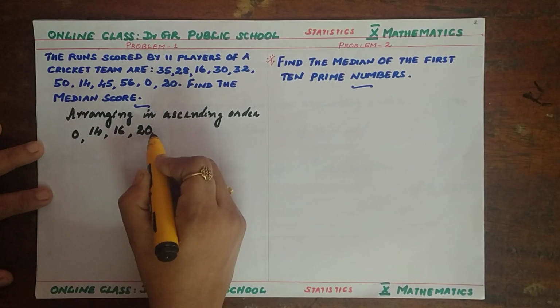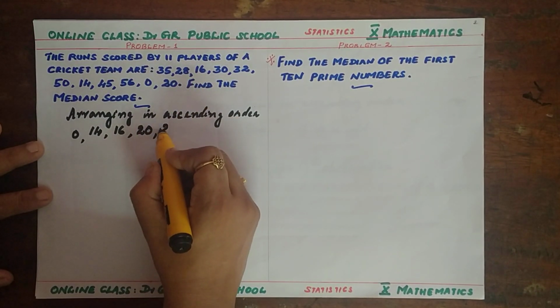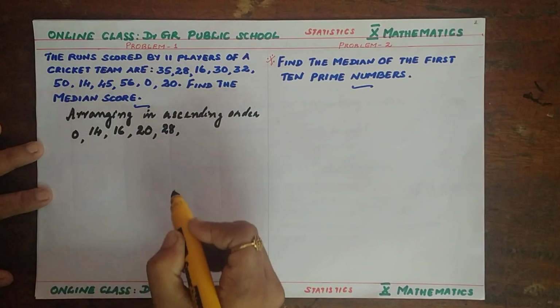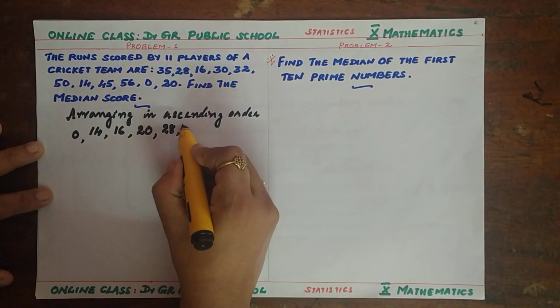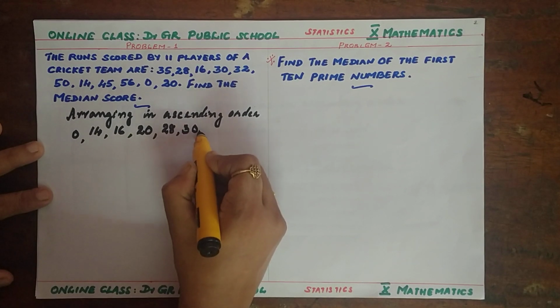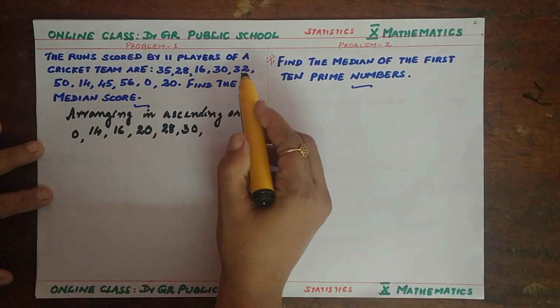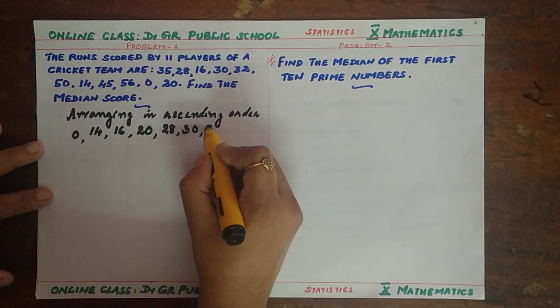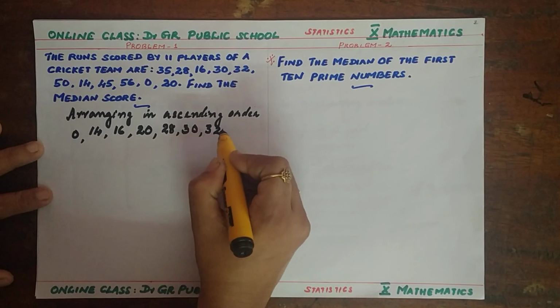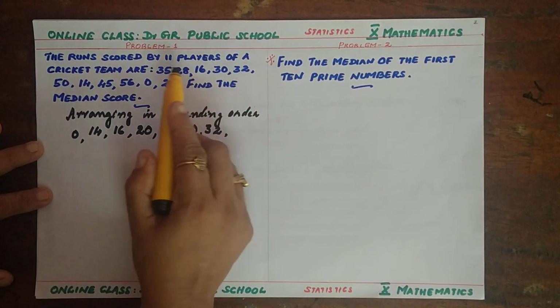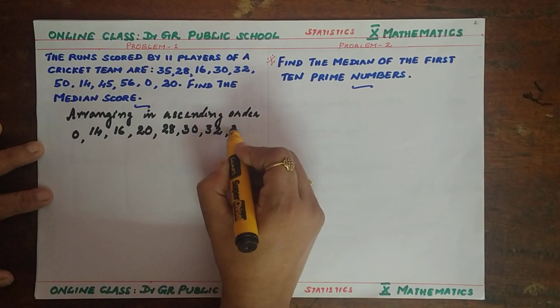Then the next observation is 28. Then the next one is 30. What is the next one? 32. What is the next one? 35.